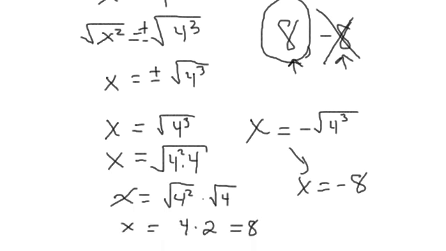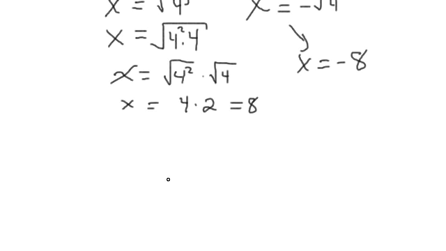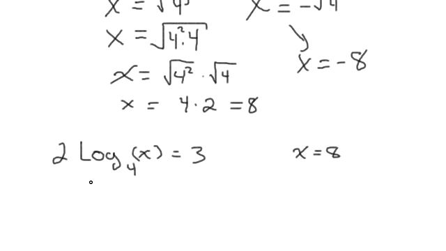Let me go down here, we got some room. So we would plug in, well, let me just rewrite it. So we got log base 4 of x is equal to 3, and we said that the solution was x is equal to 8, right? And so we would type this in the calculator.